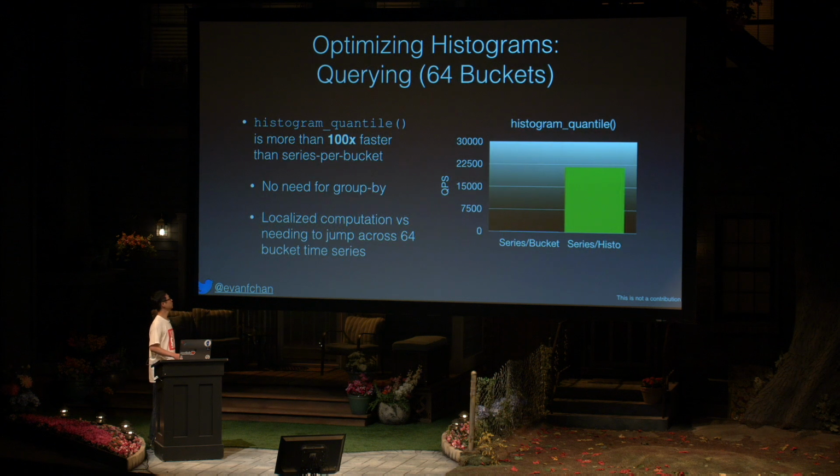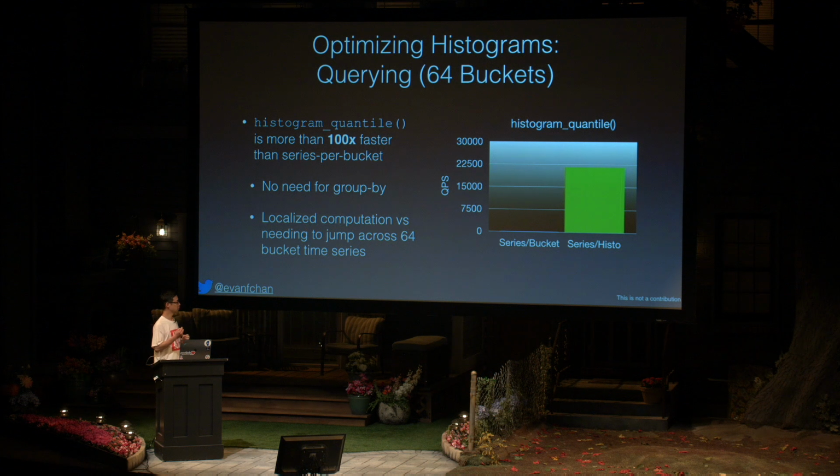The other thing that we found was that this actually helped querying. This was a little bit of a surprise, but maybe it shouldn't have been. When we switched from a schema with one time series per bucket to one with a single time series for the entire histogram, we found that the querying speed went up a huge amount. And we believe the reason for this is, first of all, that you don't have to do group bys by the LE tag.